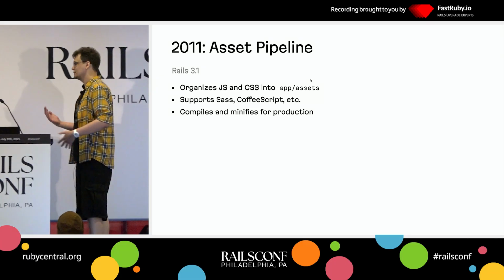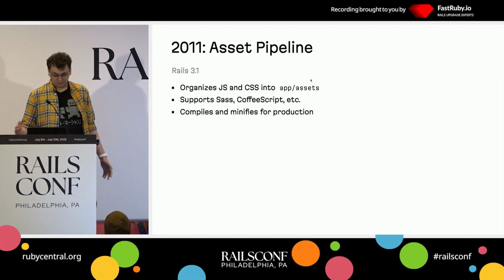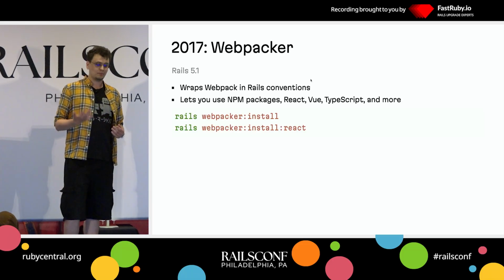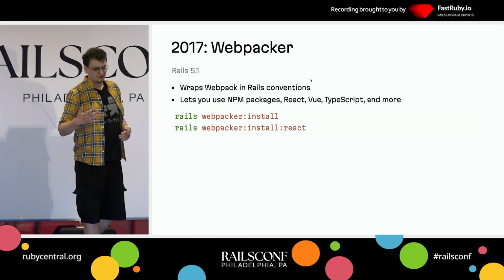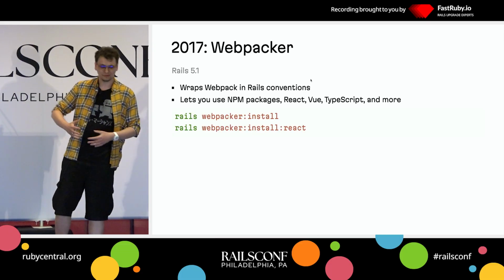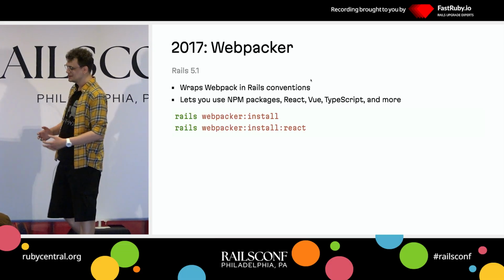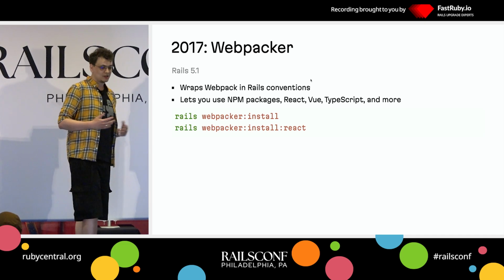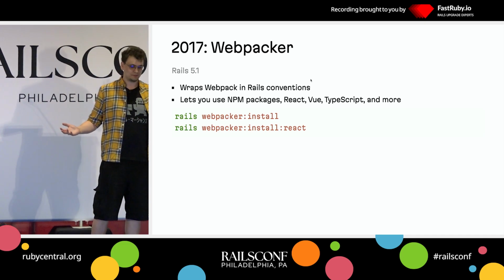We can't re-implement everything in Ruby. So Rails 5.1 introduced Webpacker, a Ruby wrapper again. We're wrapping ugly things, right? So we've wrapped Webpack with Ruby, and we got access to virtually all of the JavaScript world.